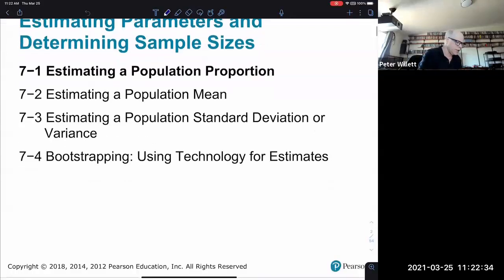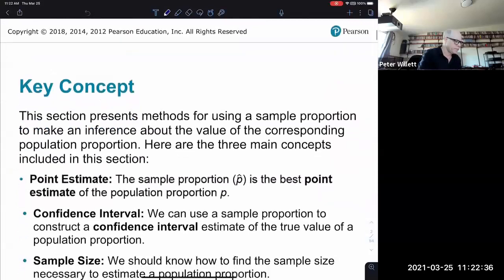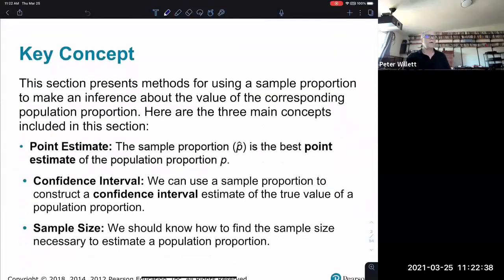Let's go on to the key concept. This section presents methods for using a sample proportion to make an inference about the value of the corresponding population proportion. Here are the 3 main concepts included in this section. First one, point estimate. The sample proportion, p hat, is the best point estimate of the population proportion.